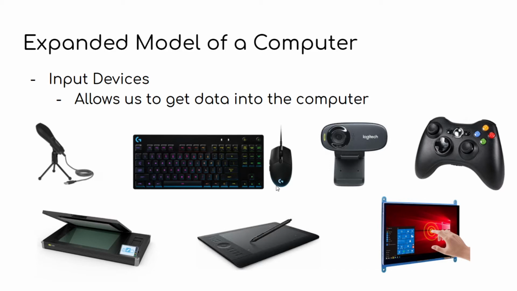We also have our keyboard and mouse, which is the primary way that we get input into the computer. We also have webcams that receive video input, game controllers that receive joypad information for playing a video game, scanners for scanning documents into computers, pen tablets for digital art, and also touchscreens.